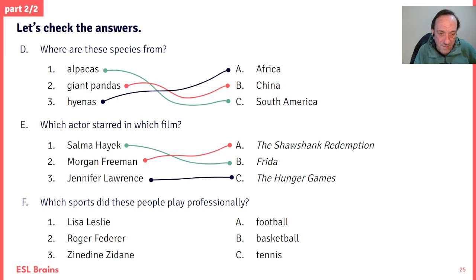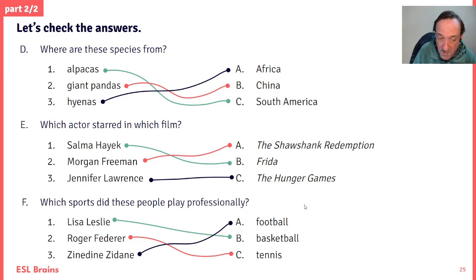And sports. Lisa Leslie, I guess basketball. Roger Federer, tennis. And Zinedine Zidane, Zizou, football, of course. Roger Federer is one of the most famous tennis players, and Zinedine Zidane is one of the most famous footballers. So I guess Lisa Leslie is incredibly famous. It's just I have no interest in basketball at all.